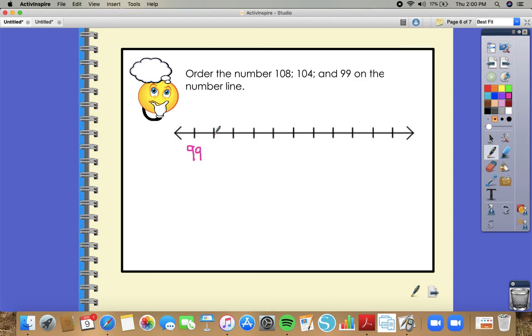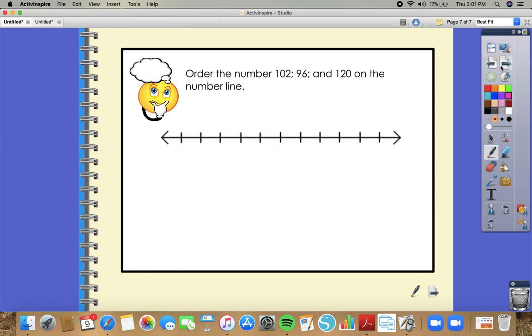If we are counting by ones, 99, 100, 101, 102, 103, 104. So we would put 104 right here, 105, 106, 107, and there's 108. Good job.